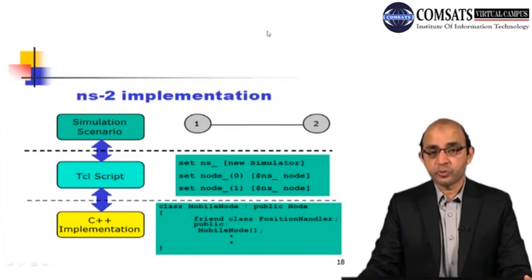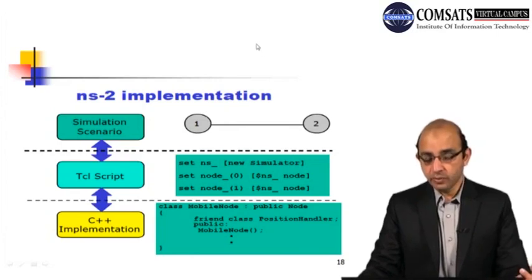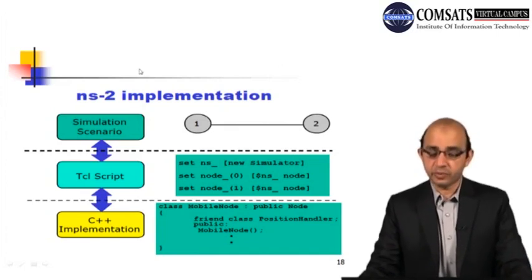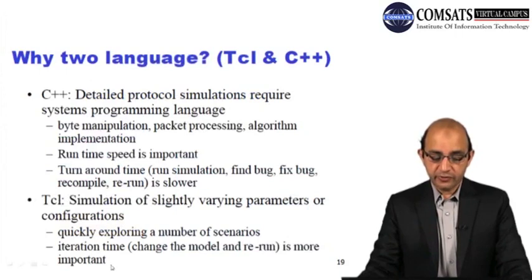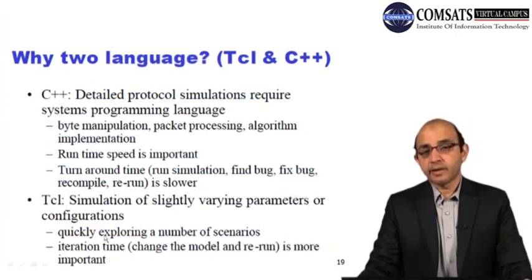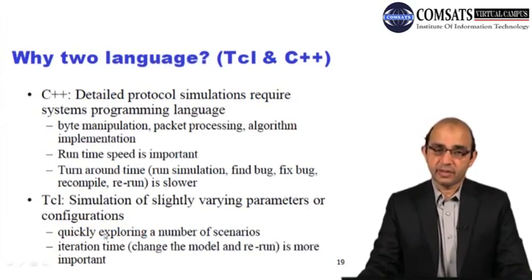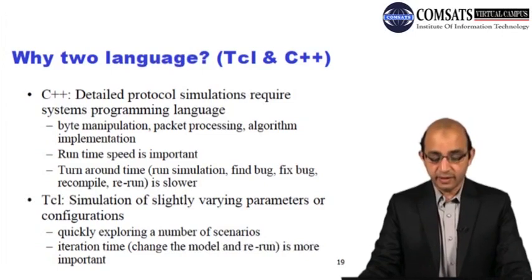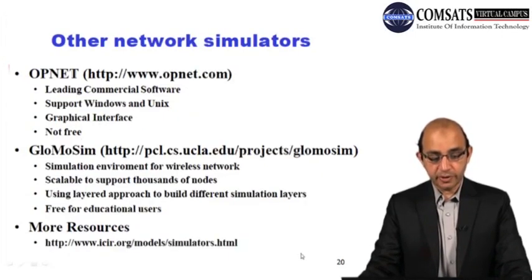And if we have a certain topology with a lot of different nodes, I want to test different topologies. So TCL provides us the facility to quickly design and develop those different scenarios. So iteration time is again important.